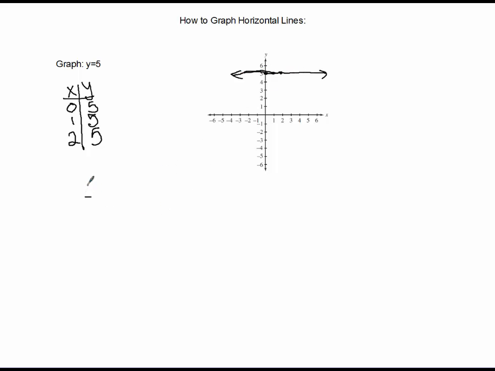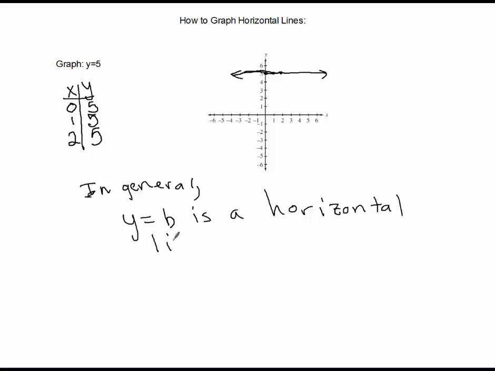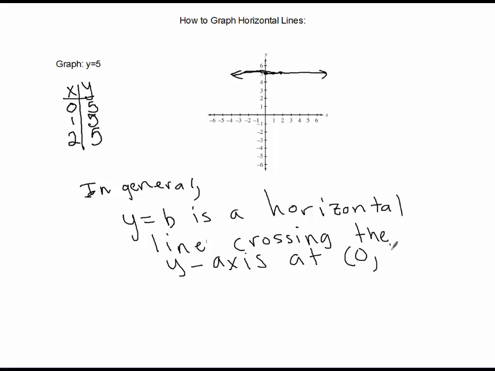And so in general, y equals, say, a number b is a horizontal line crossing the y-axis at 0 comma b.